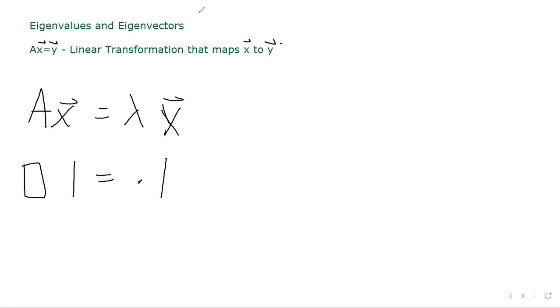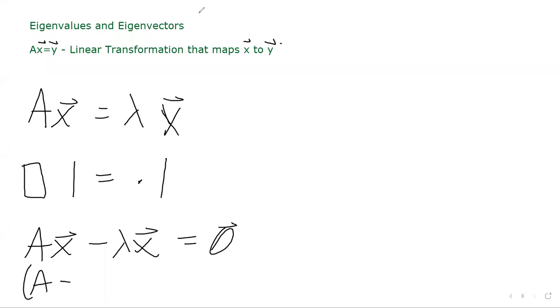So with this though, let's then move things around. We subtract it over. Now notice they both have an x in it. So we cannot do just A minus λ, because A is a matrix, λ is a scalar, and they don't have the same dimension.